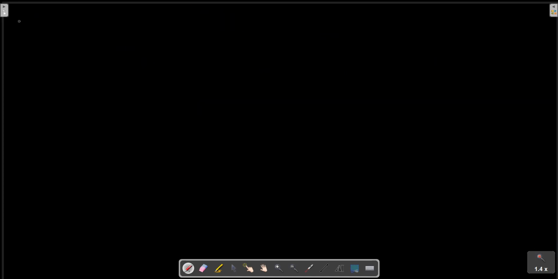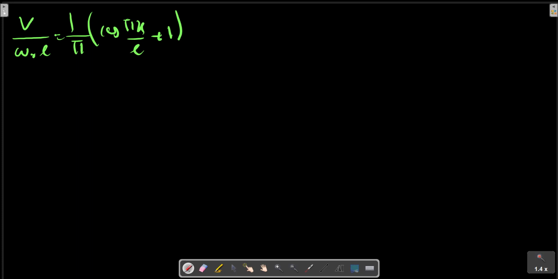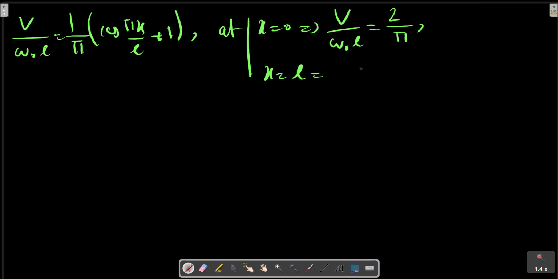We obtain a relation for V, at x equals 0, 1 plus 2 on pi, and at x equals L, zero.